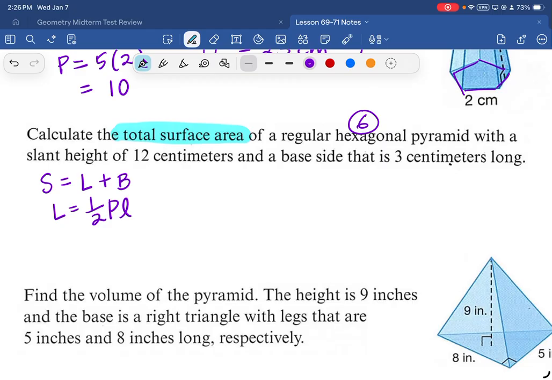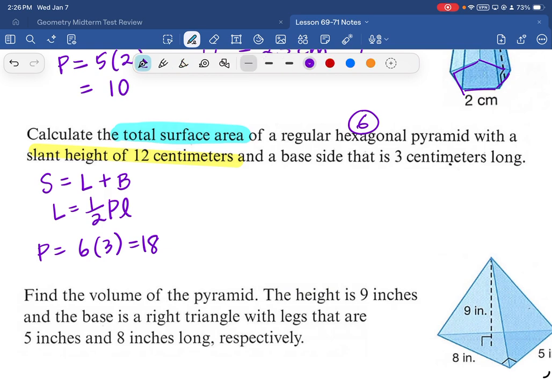How do we find the perimeter if each side is 3 centimeters and there's 6 sides? 6 times 3, which is 18. So our perimeter is 18. And our slant height is 12.